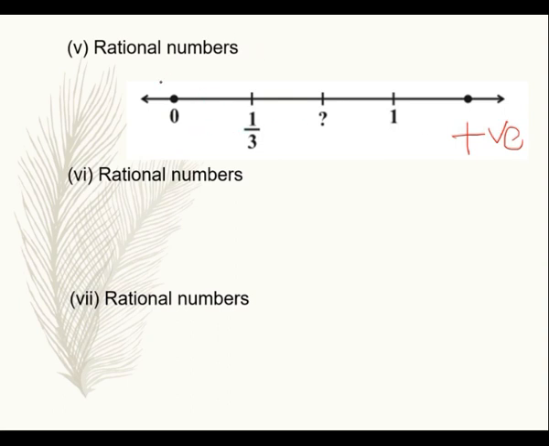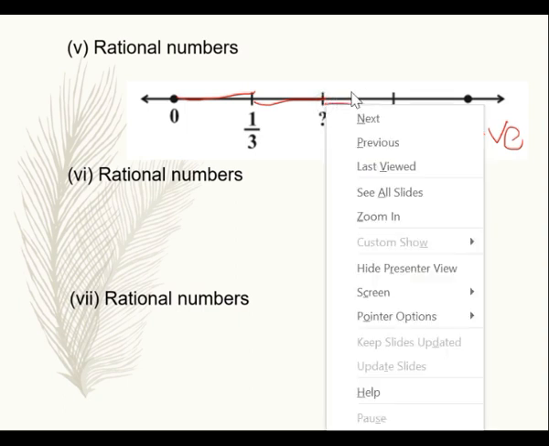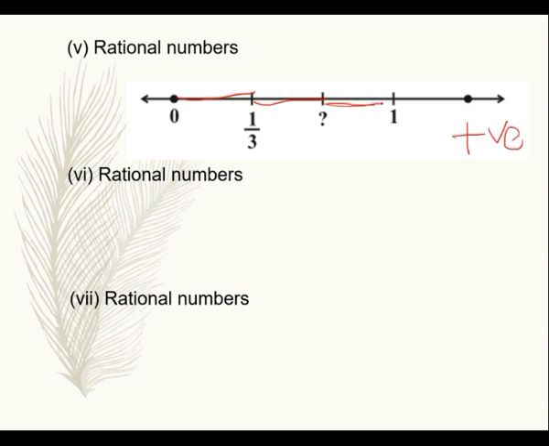Try to observe: from 0 to here, one part; from this to here, another part; from here to here, another part. Totally between 0 and 1, how many parts have I made? I made 3 parts. Now tell me, what type of parts are they? Are they haphazardly made or are they equal parts?